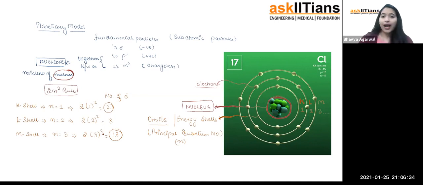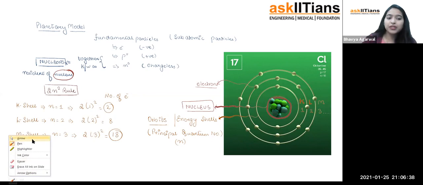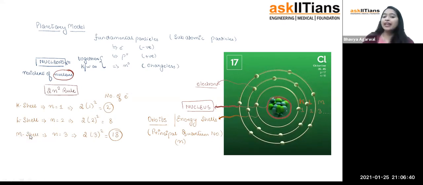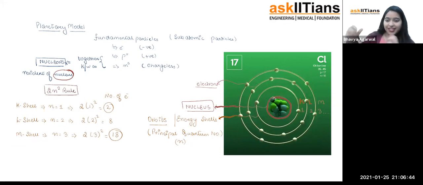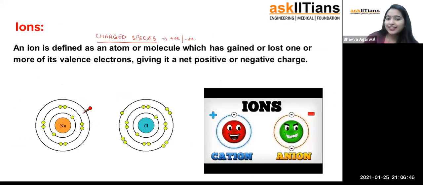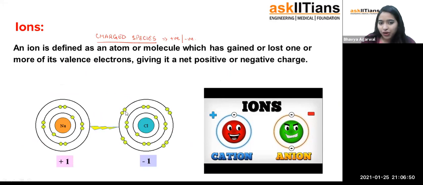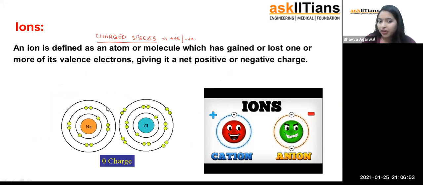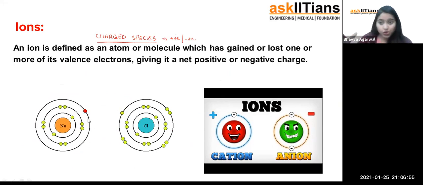So now I hope you will be able to talk about what exactly an atom is, what electrons, protons and neutrons are, and how they are lying inside it. Now can you see how this electron is jumping from sodium to chlorine? You know that an electron is negatively charged.